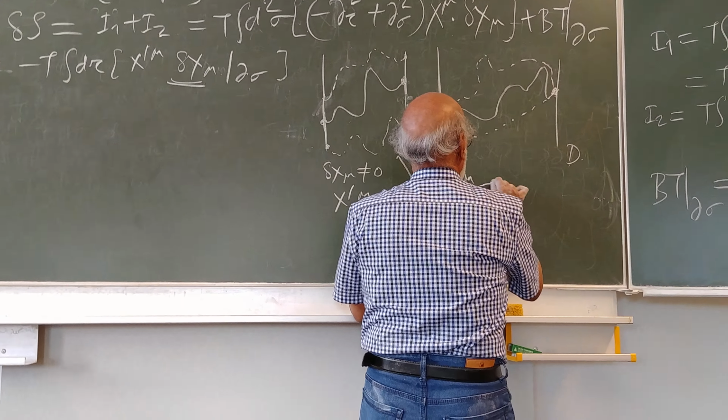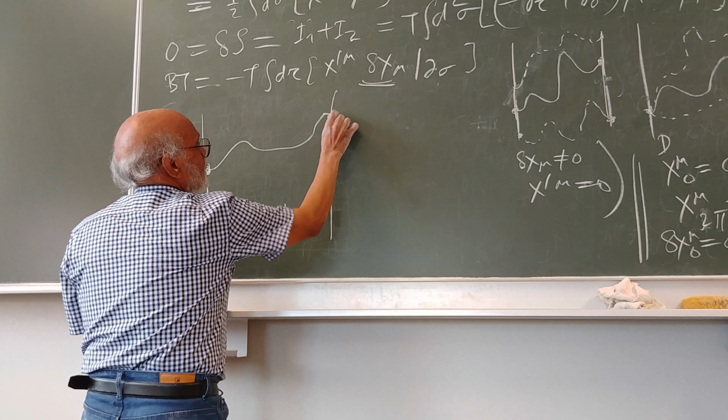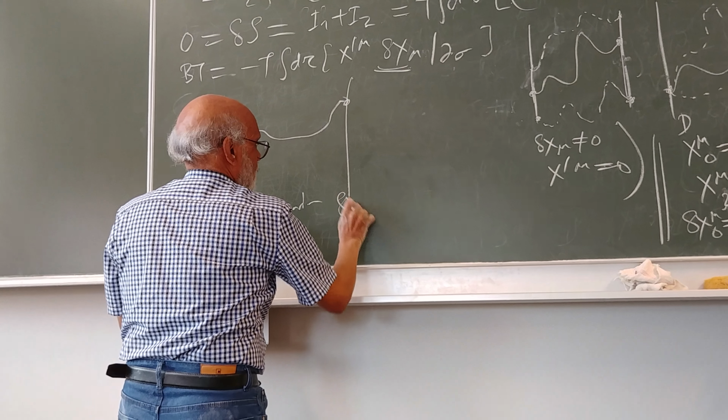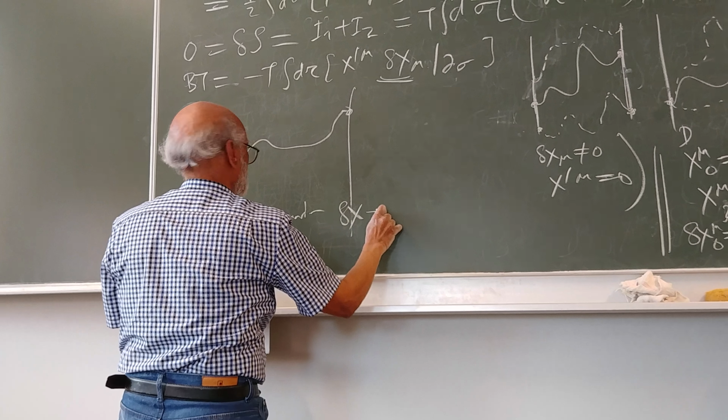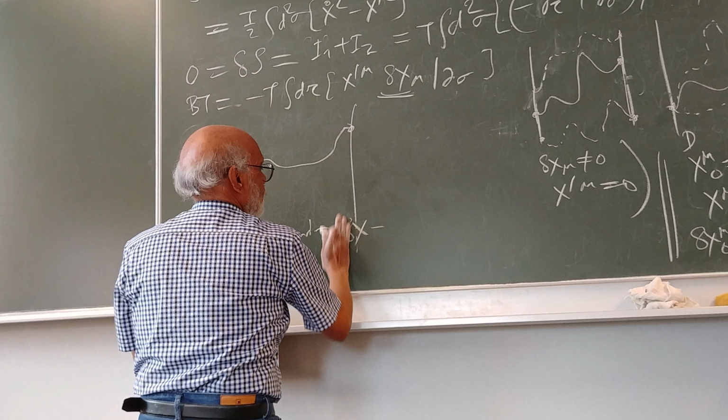Whereas here, x mu is not constant. So delta x mu is not 0. However, x prime mu is 0.